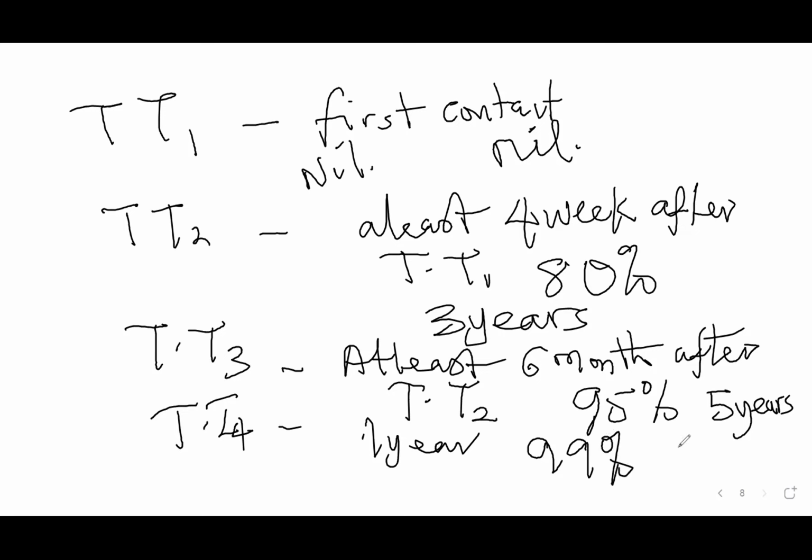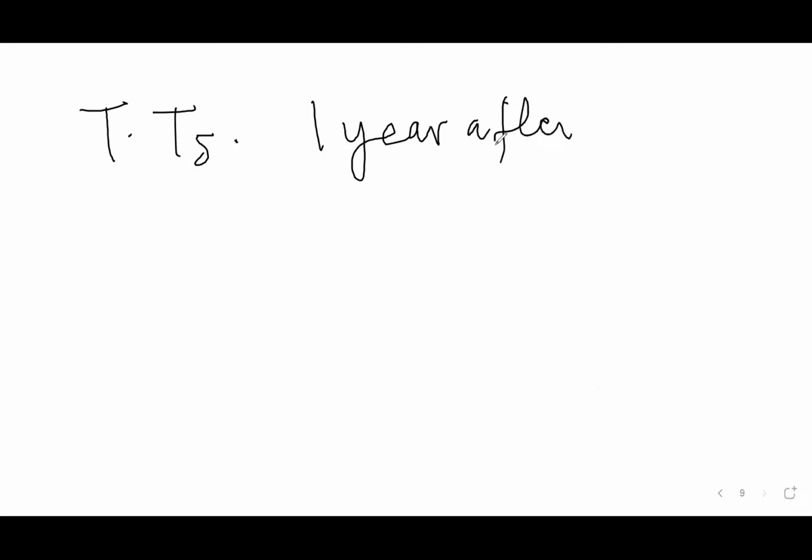What is the duration of action? 10 years. And lastly, the fifth tetanus toxoid is given at least 1 year after the fourth tetanus toxoid.